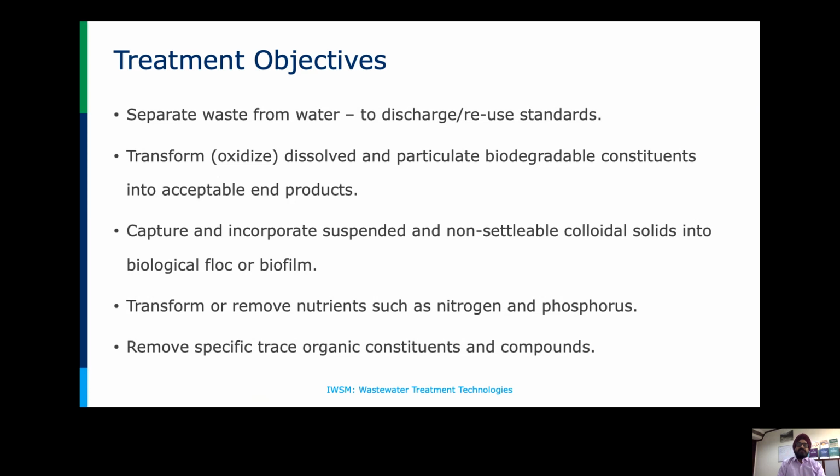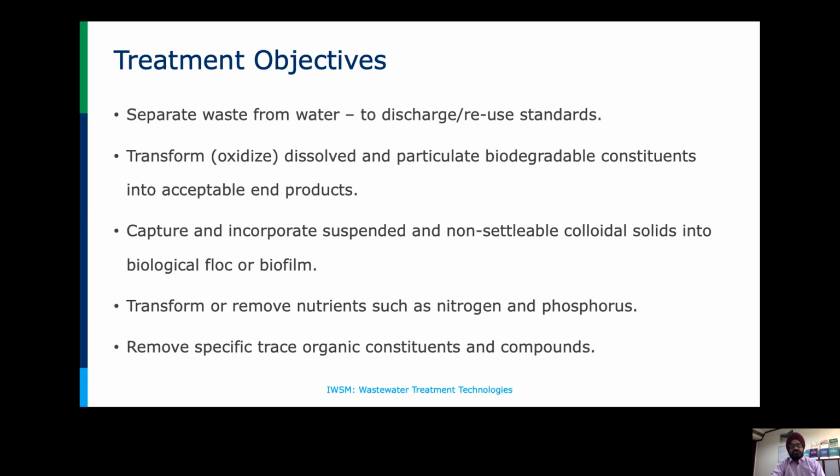To what end you want this treatment to happen. So bio-oxidizing the solid and removing the contamination is an objective, but to what extent do you need to treat it? Because if you want to use your treated water for agriculture, you may not require a very high treatment for removing nitrogen and phosphorus. That still serves the agriculture use.